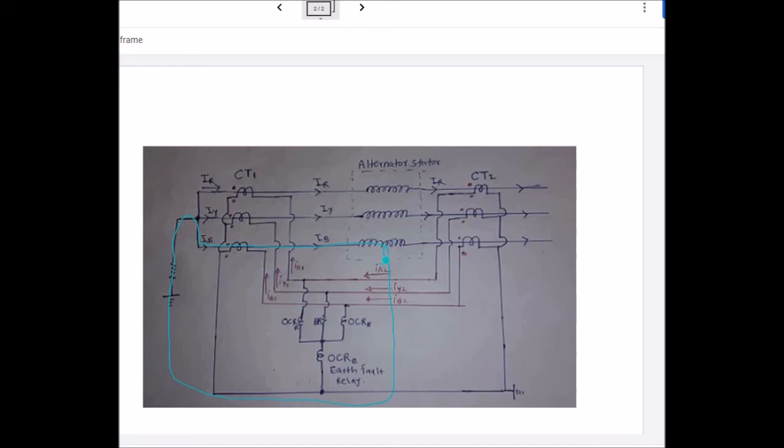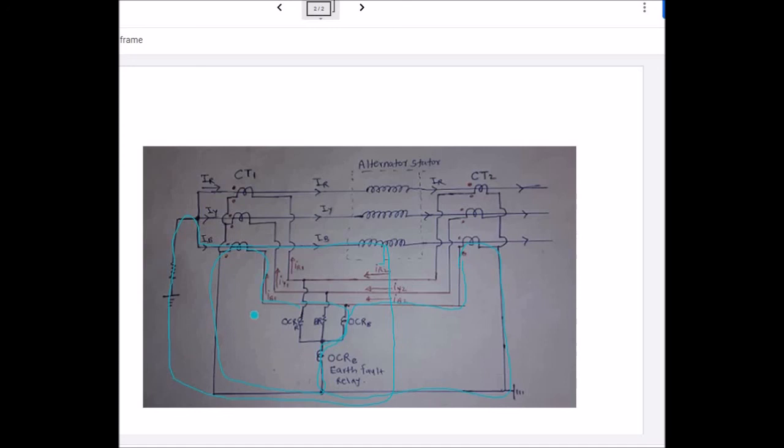The earth fault is associated with B phase, so IB1 current flows in the CT secondary, then to the earth, then to the earth fault relay, then through the overcurrent relay of B phase, and comes back. In the CT2 set, the current IB2 flows through the overcurrent relay of B phase, then the earth fault relay, then the earth, and then the secondary of B phase CT2.